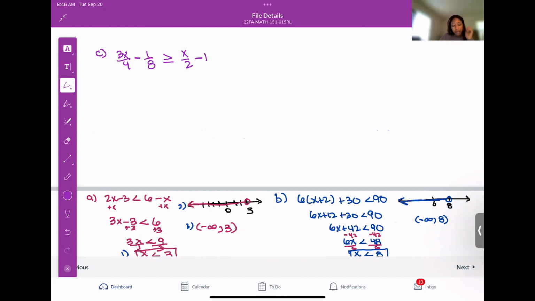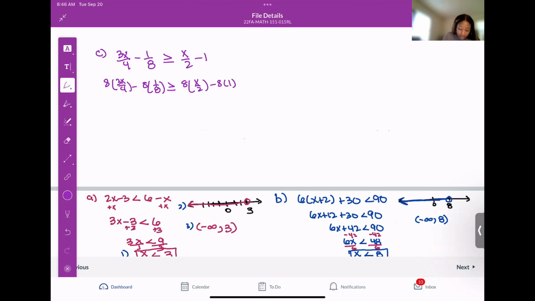If we multiply both sides of this inequality by 8, that will help us clear our fractions. So we have 8 times 3x over 4 minus 8 times 1/8 is greater than or equal to 8 times x over 2 minus 8 times 1.